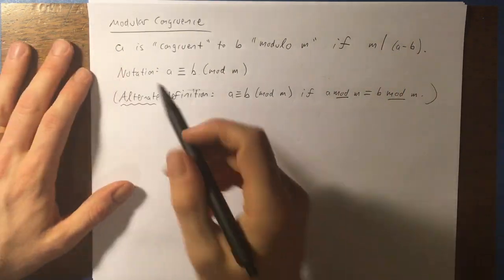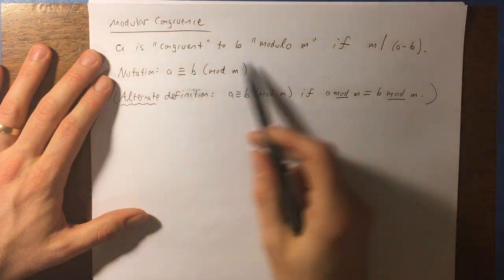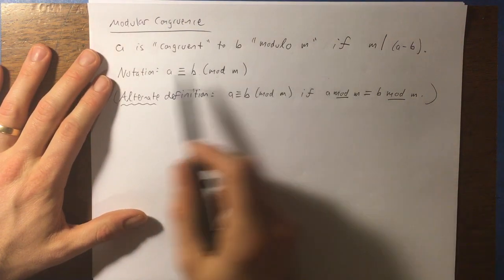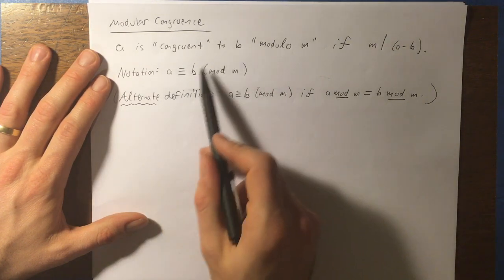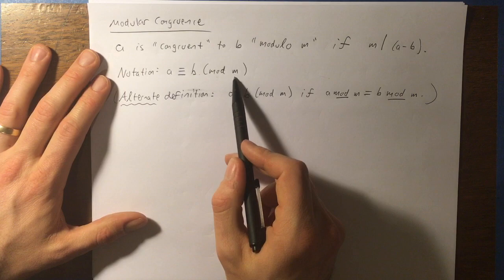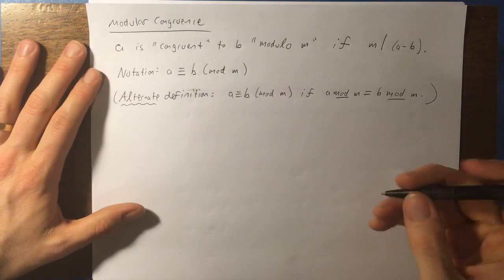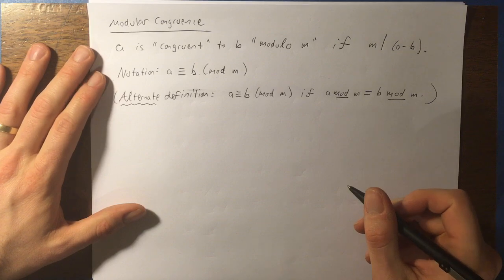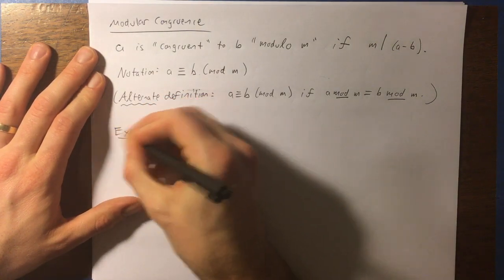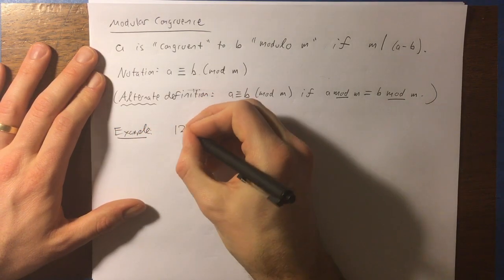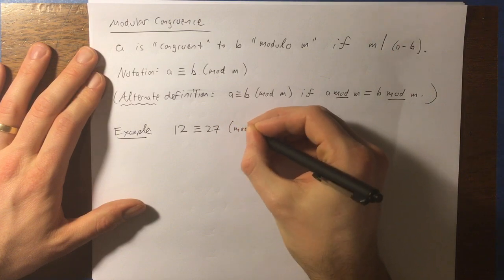By the way, for the notation, once you've established a is congruent to b modulo m, we use the triple equal sign again for congruence, and then we write in parentheses mod whatever that m number was. An example would be something like 12 is congruent to 27 mod 5.